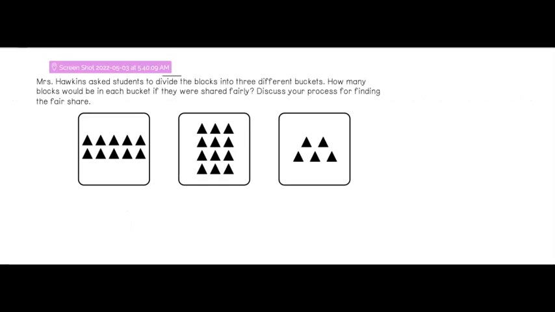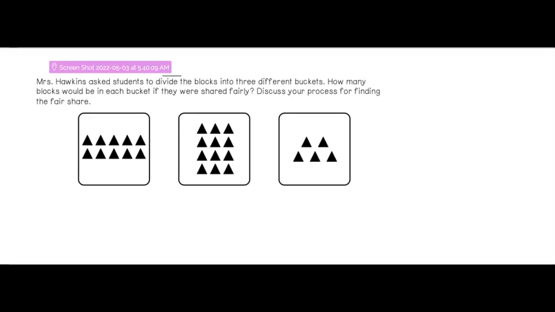Let's bump down here. It says Mrs. Hawkins asked students to divide the blocks into 3 different buckets. How many blocks would be in each bucket if they were shared fairly? Discuss your process for finding the fair share.